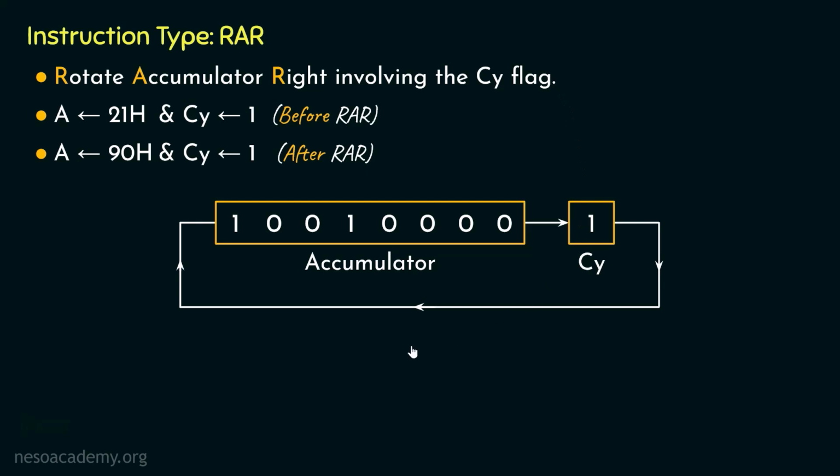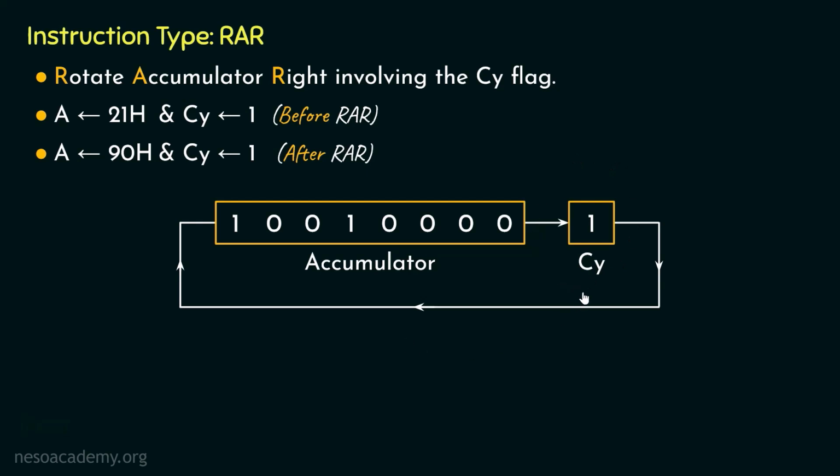Do remember, in this process, we can always check the content of the carry flag, which is going to hold the least significant bit. So we can also say, after the execution of the instruction RAR, we can judge what is the value of the least significant bit.